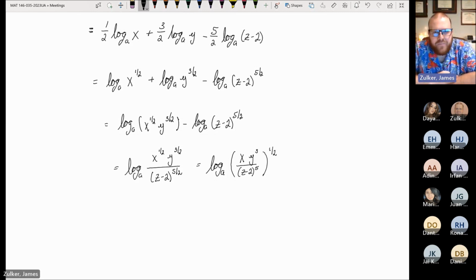Or we can recognize that every single term has a 1/2 power, so we can factor the 1/2 power out. Either one is acceptable.